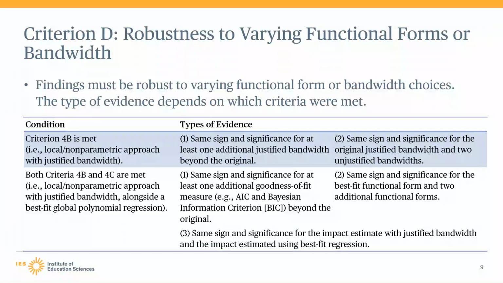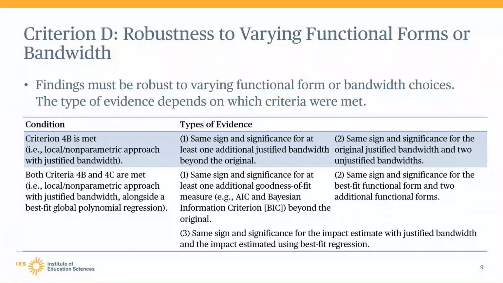The type of evidence that is allowed to satisfy this requirement depends on whether the authors presented a model using a justified bandwidth, a model using an unjustified bandwidth, or the full sample, or both kinds of models. RDD Criterion 4D is complicated, so you may wish to pause or rewind the video to ensure that you understand it.